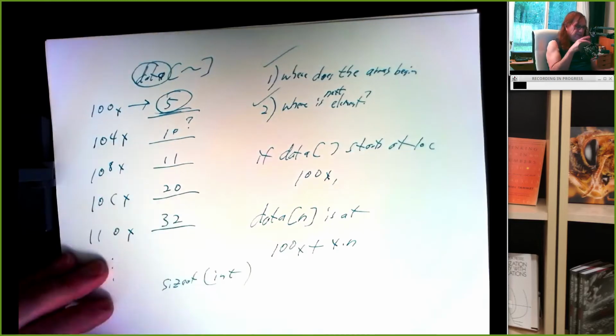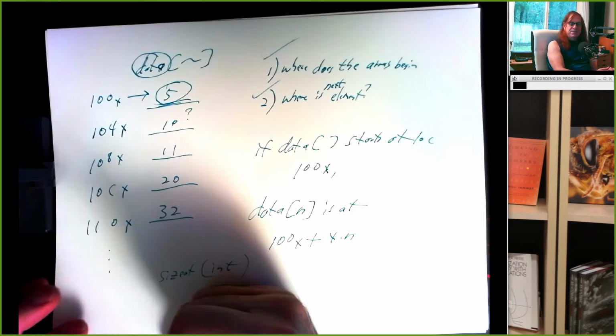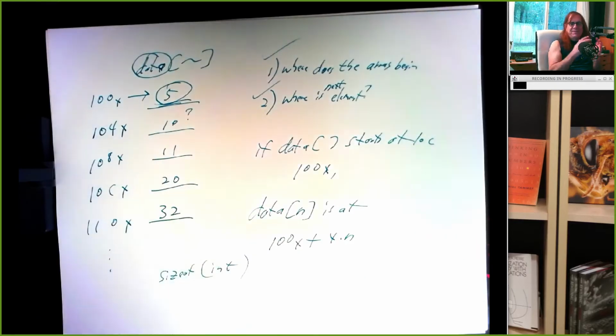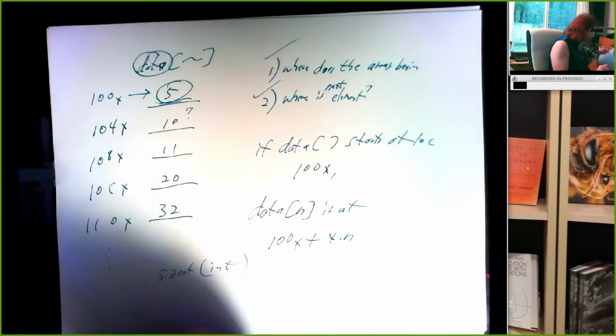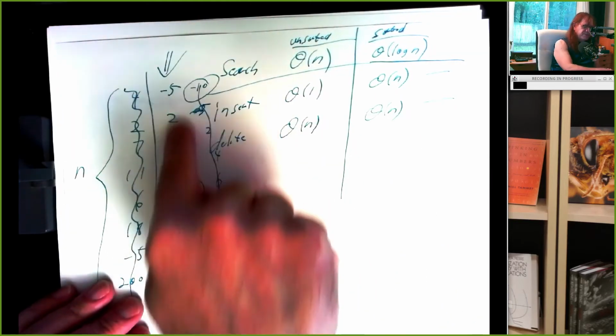All right, so this is very simple for a compiler to implement, right? And we don't have to think about it as programmers. We just say data bracket 5 or data bracket i, and the code is written for us to access the right thing.